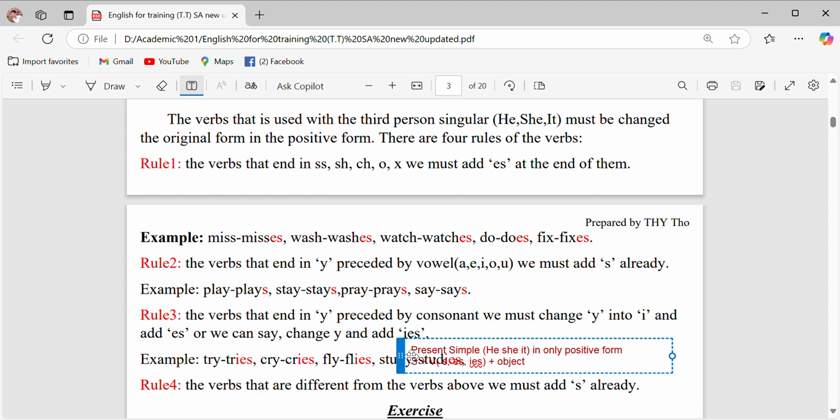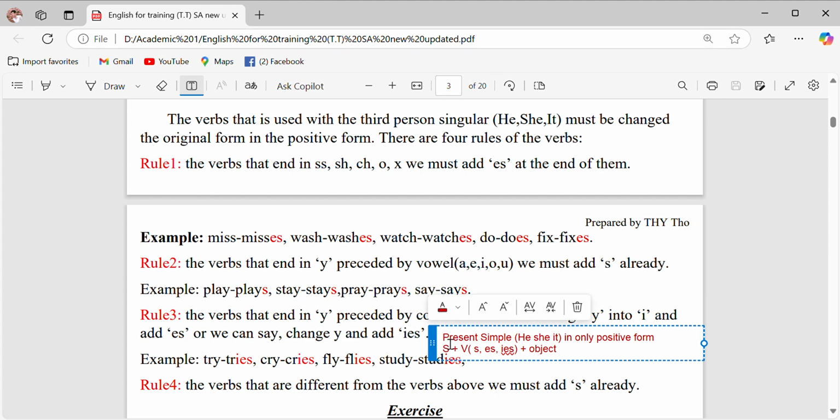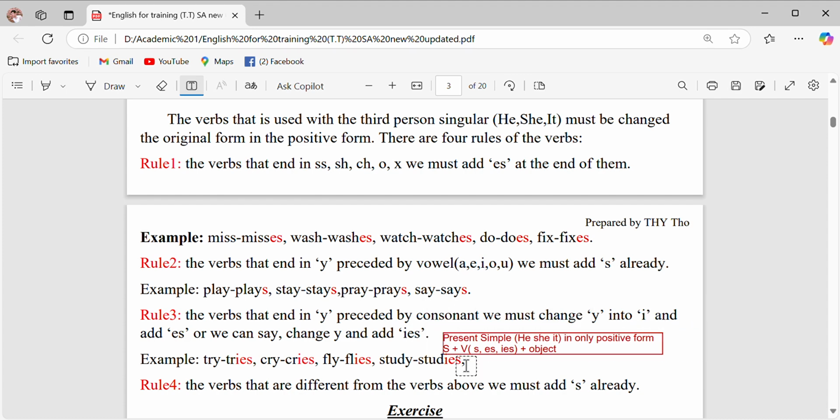I write it down here: present simple he, she, it in only positive form, subject plus verb plus s, es, or ies, plus object. Alright, so I'm going to talk about it right away.